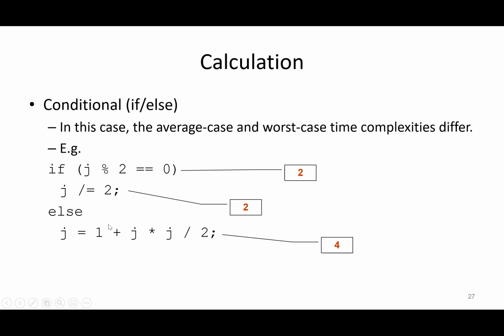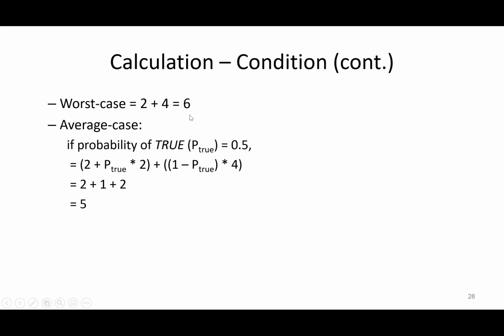It's like the true and the false, I should say. If you encounter the true part, it requires 2. If you execute the false part, it requires 4, right? So 2 plus 2 is only 4, 2 plus 4 is 6. So your worst case scenario is 2 plus 4, which will be 6.